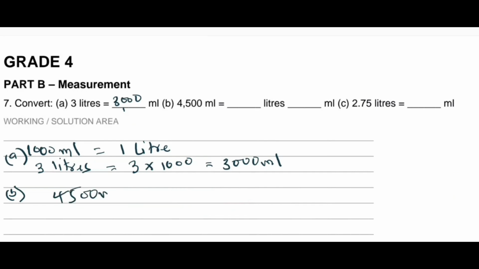So 4,500 milliliters, if you want to convert it into liters, you divide 4,500 by 1,000. Do you understand? When you divide it, it will cancel out some of the zeros. So this zero will cancel this zero. This zero will cancel this zero. The zero which is left here, for it to be cancelled, you need to move 1 point back before this zero can be cancelled.